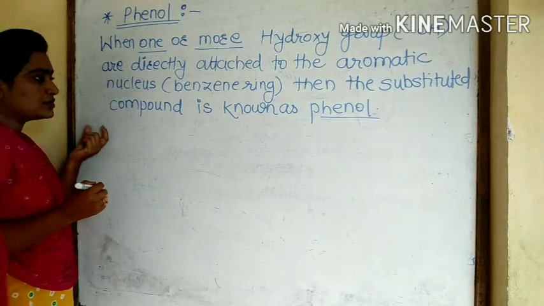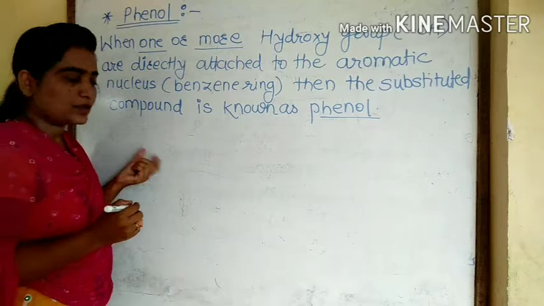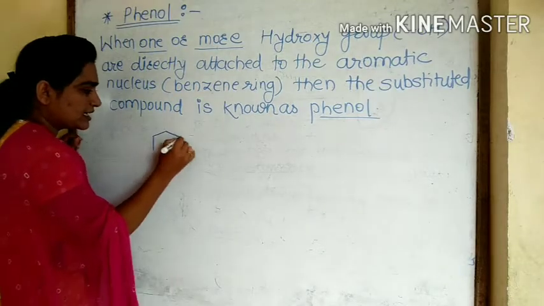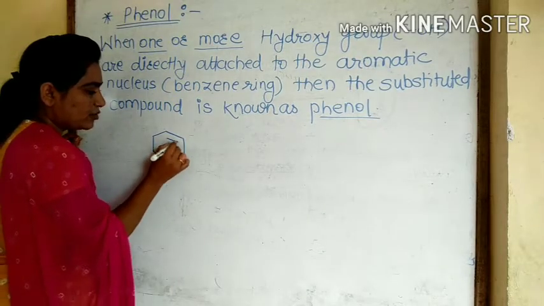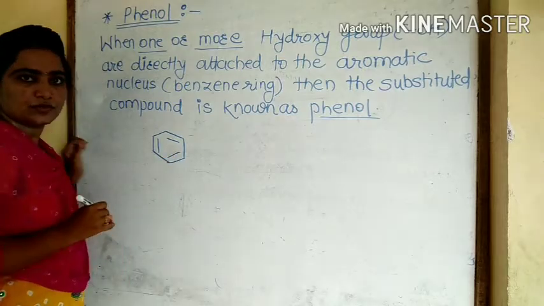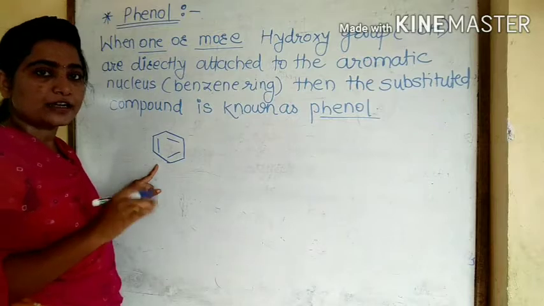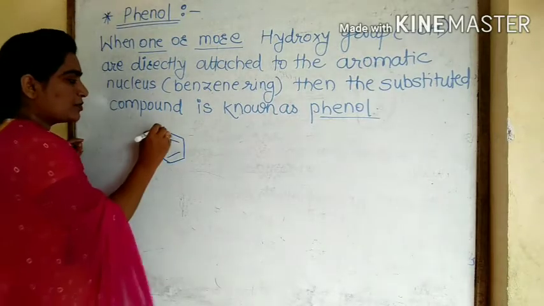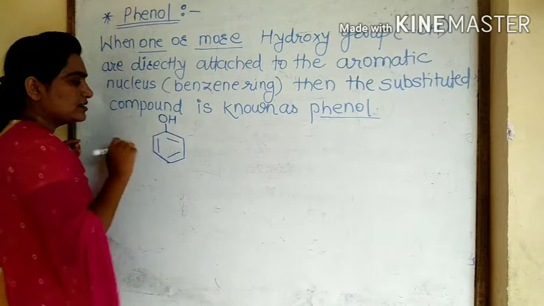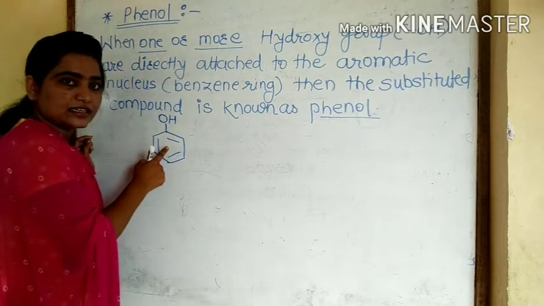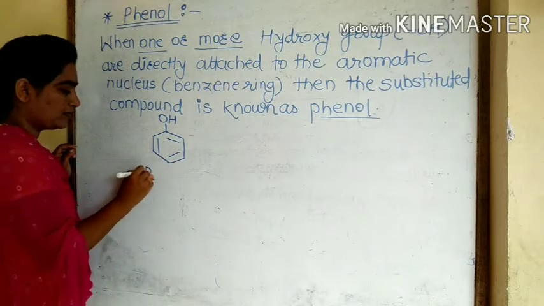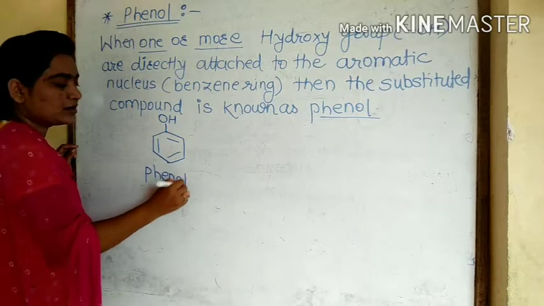So suppose we take the example of phenol. Suppose we take here an aromatic ring. This is our aromatic benzene. And suppose this benzene ring consists of one or more hydroxy groups. Suppose one OH is present here, then that hydroxy benzene is known as what? Phenol. It is the example of phenol.